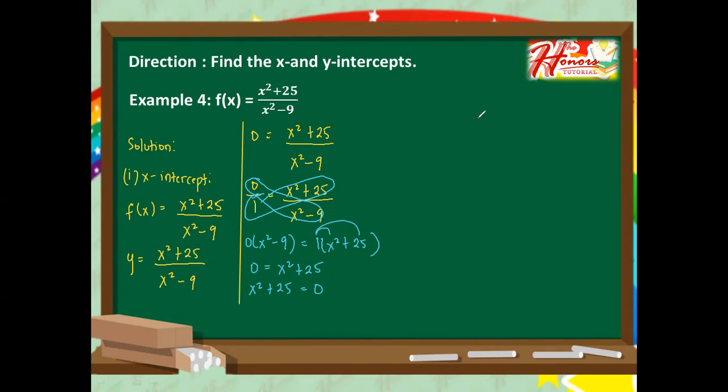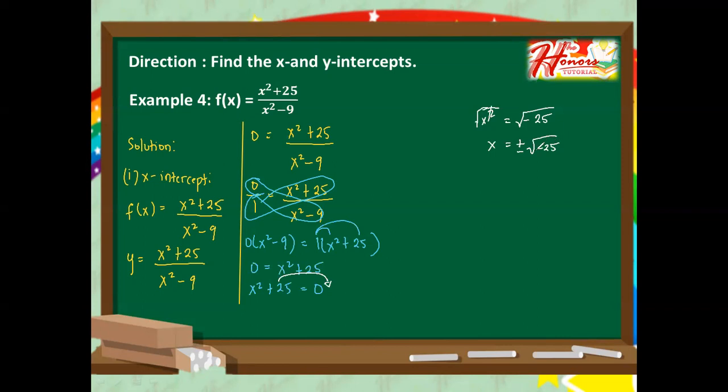So therefore, it will become x squared is equal to, let's transpose positive 25 to the right side of the equation, and it will become negative 25. We don't want 2 as the exponent, so therefore we have to get the square root of this and the square root of the right side of the equation. So cancel. Now we have here x equals positive negative square root of negative 25.